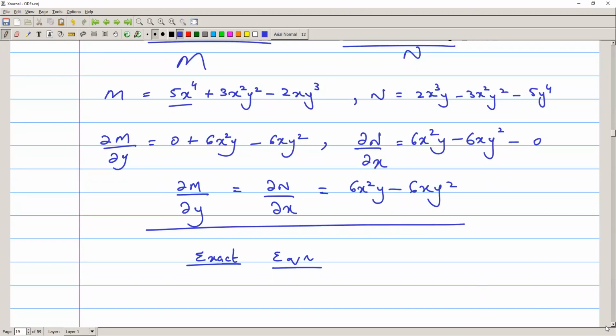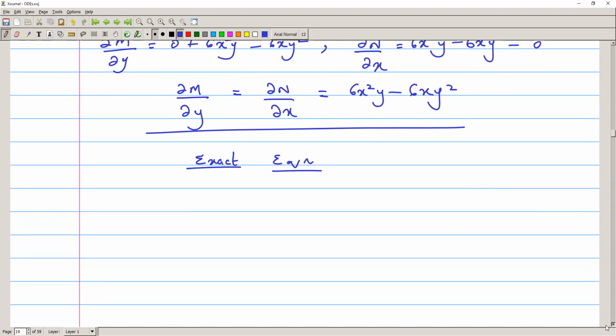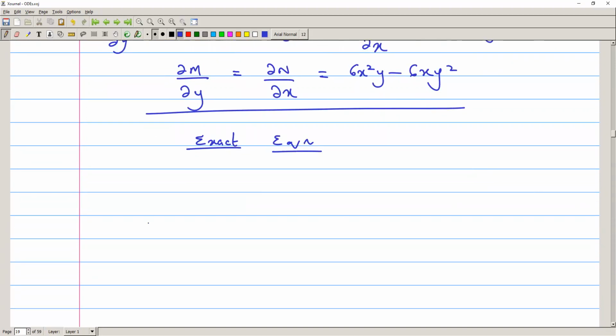So what next? Now we need to solve this equation and find its solution. What we have to do is simply integrate the function that is M, (5x to the power 4 plus 3x squared y squared minus 2xy cubed) dx, right?